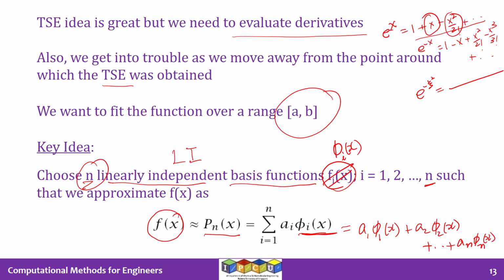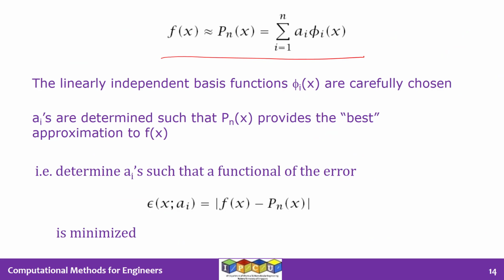So you can represent it in this way. This is the key idea. Choose basis functions and express the function in terms of a linear combination of those basis functions. You can choose as many basis functions as you want because this n is under your control. You can choose the value of n.